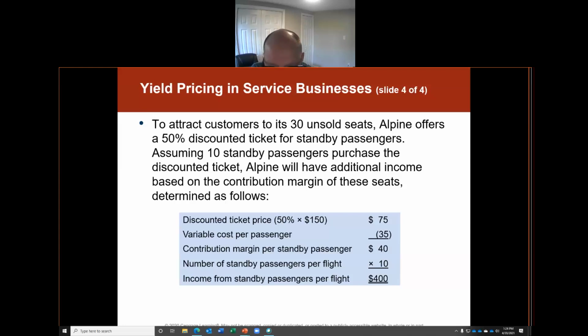Remember, I have a variable cost per passenger, so $75 minus $35 variable cost per passenger gives me contribution margin of the remaining seats of $40 per passenger. I have 10 seats that I can sell. So $40 contribution margin times the 10 seats, it's $400 from standby passengers.